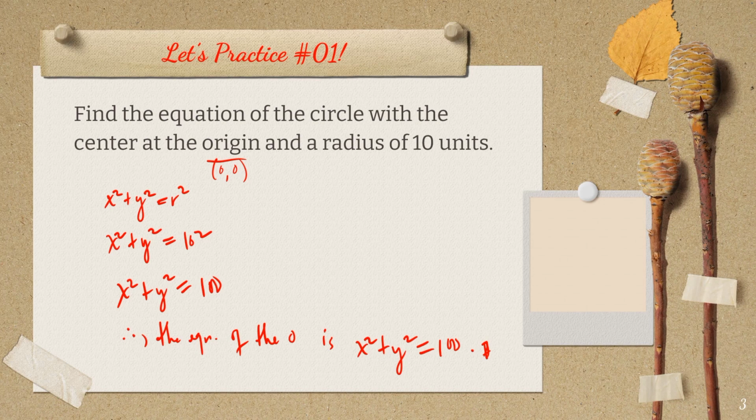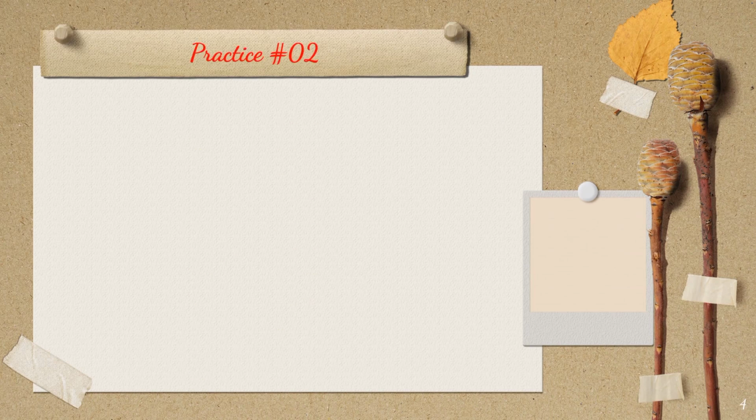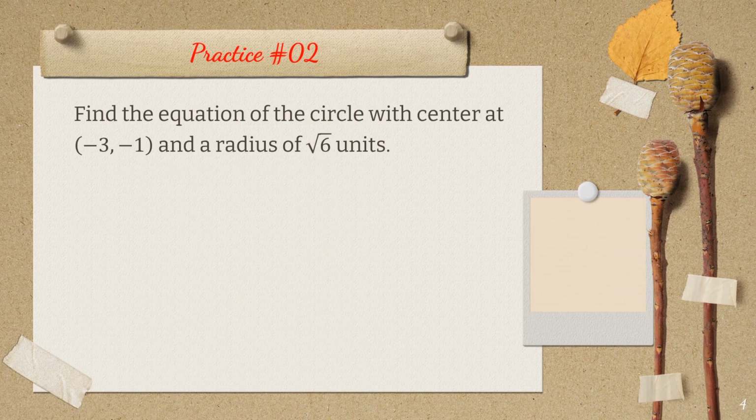Next example: find the equation of the circle with center at (-3, -1) and a radius of square root of 6 units. Here's the solution. Again, in the given problem, we are given the center as well as the radius of the circle.